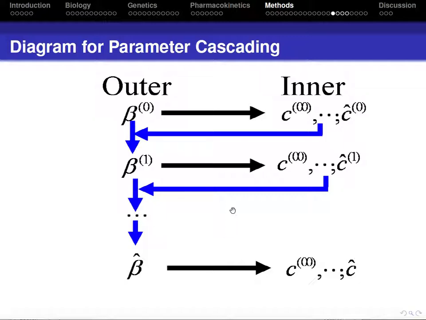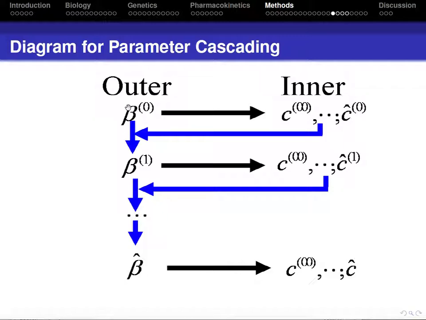If we draw a diagram of the parameter cascading method, the outer and inner optimization levels are iterated optimizations. I will show you the program later on. Basically, we first give the starting value for the ODE parameter, beta 0.